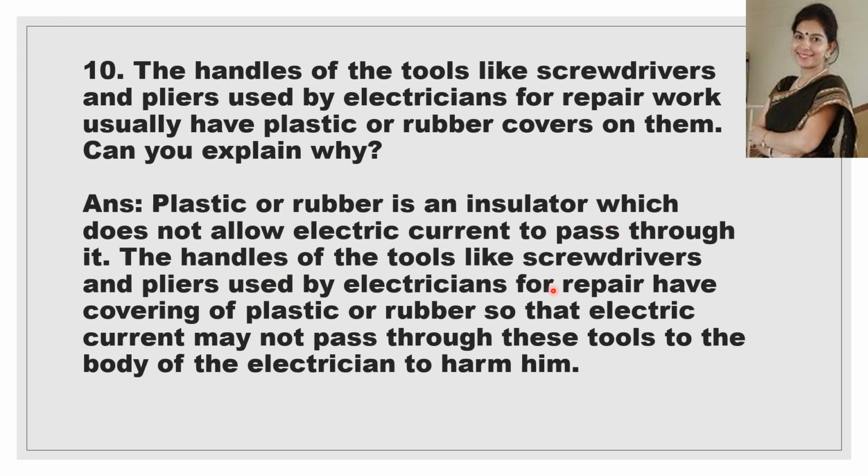So the handles of tools like screwdrivers and pliers used by electricians for repair have a covering of plastic or rubber so that electric current may not pass through these tools to the body of the electrician to harm him. That means it protects the person from getting an electric shock.